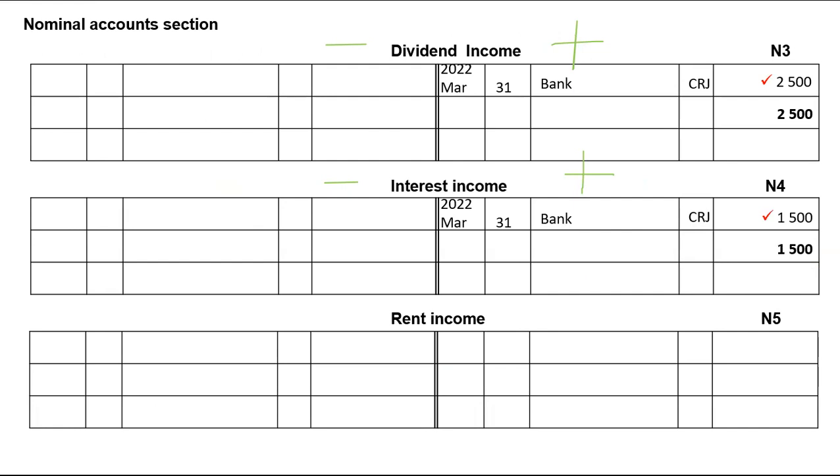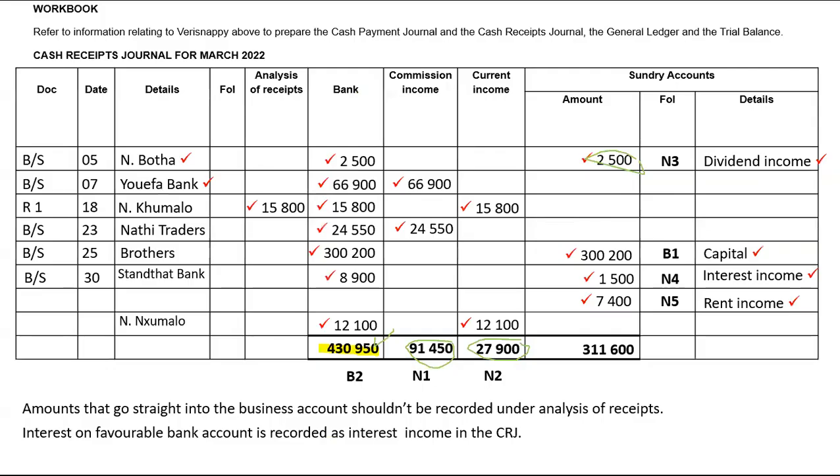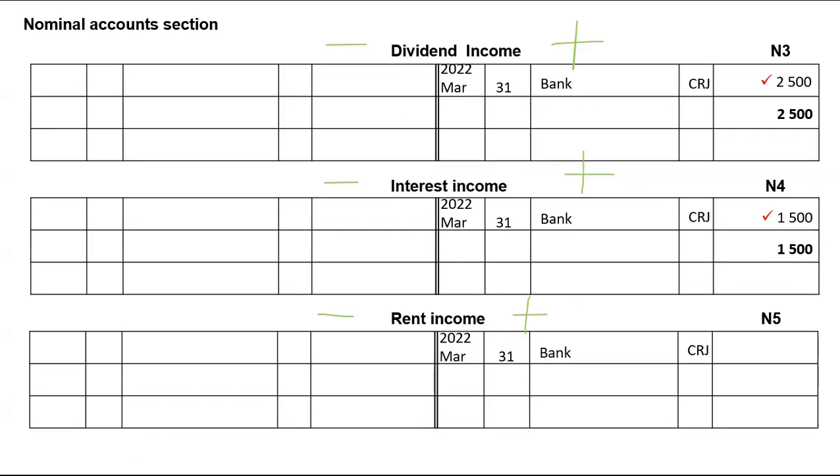Again, for rent income, because it's income, it will be minus plus. 2022, March the 31st, bank CRJ on the credit side, and the amount for rent income, we'll find it under sundry. It is 7,400. So you will put that 7,400 on the credit side of your rent income and just total it up.